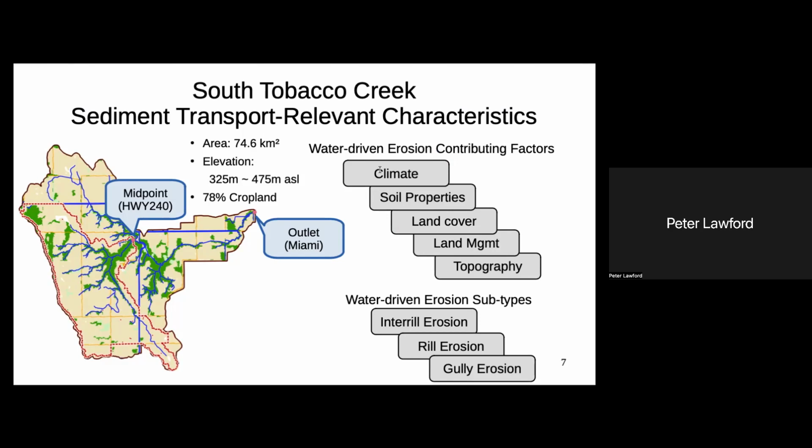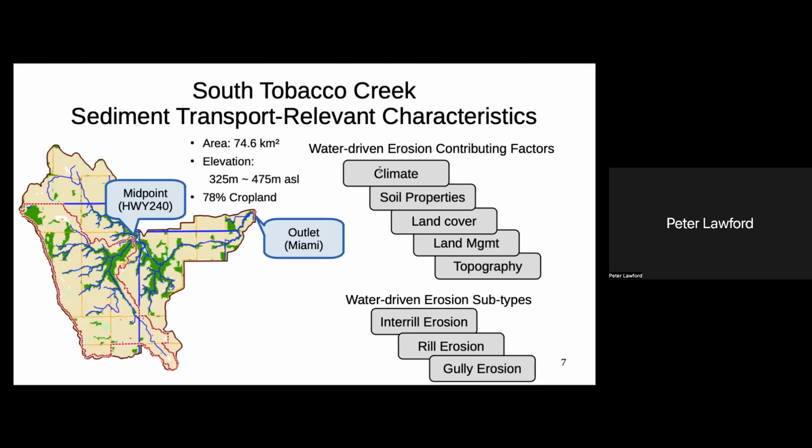When we do analysis, there are several contributing factors to water-driven erosion: climate, soil properties, land cover, land management, and topography. We need to know the information about our basin for each of these. But I'm going to focus mainly on directly hydrologically relevant driving factors.